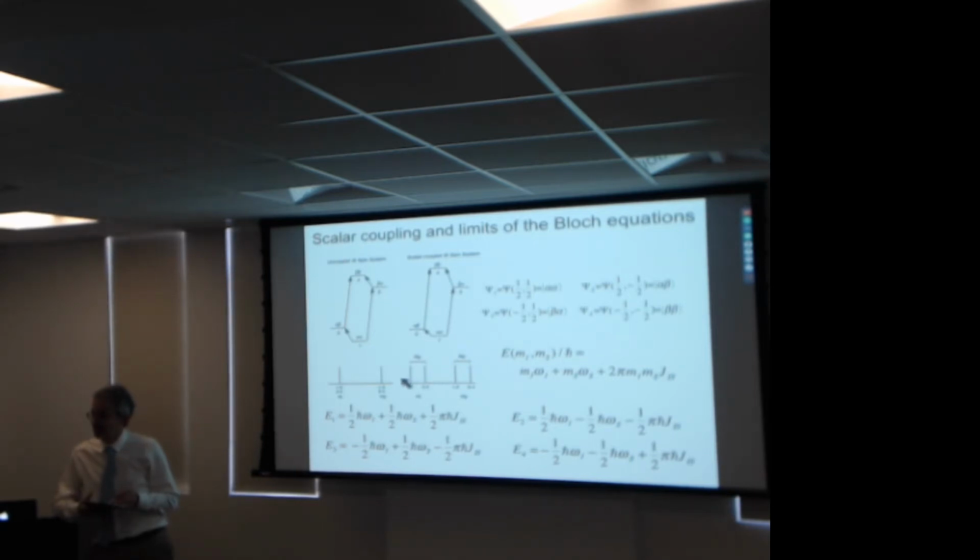So one line represents the amide hydrogen magnetization, where the nitrogen 15 is alpha, and the other represents the amide hydrogen magnetization, where the N15 is beta. And the converse would be true over here.